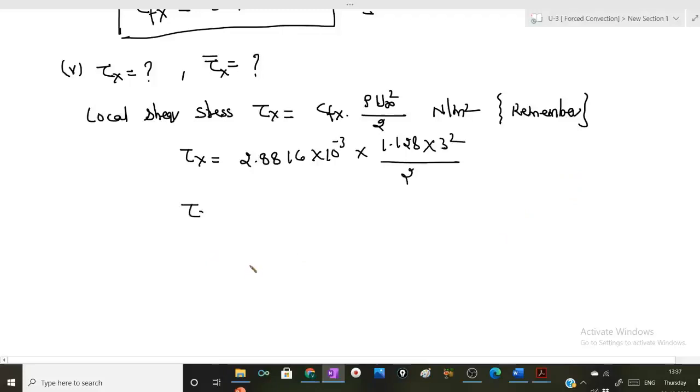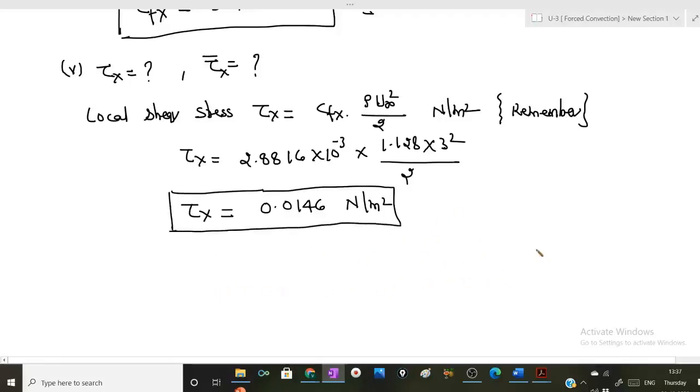So the local shear stress value comes out 0.0146 Newton per meter square. Please someone check this value. I am waiting for your response.